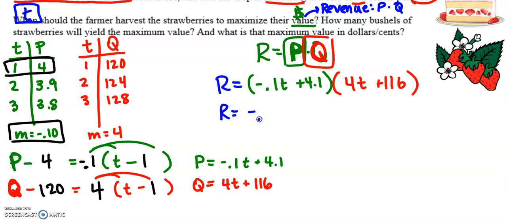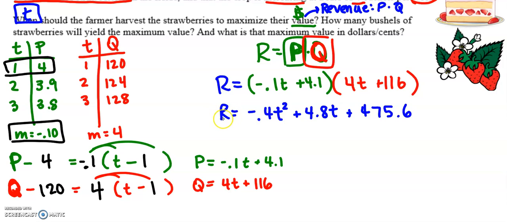I'm going to end up with negative 0.4 t squared plus 4.8 t plus 475.6. All right, so this is what I wanted to maximize based on time.